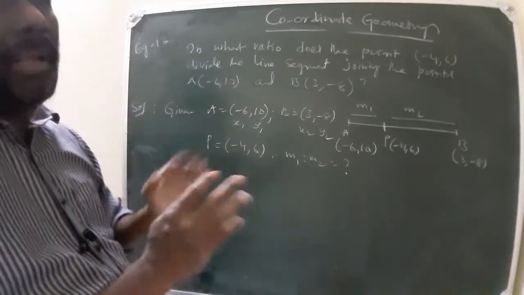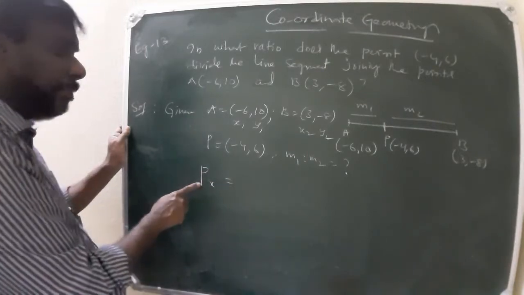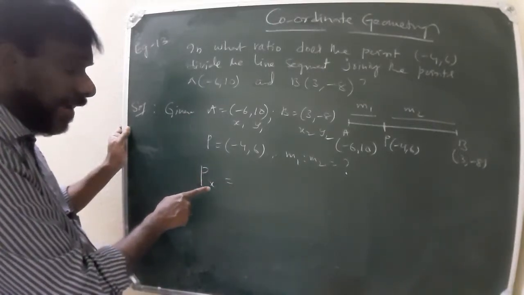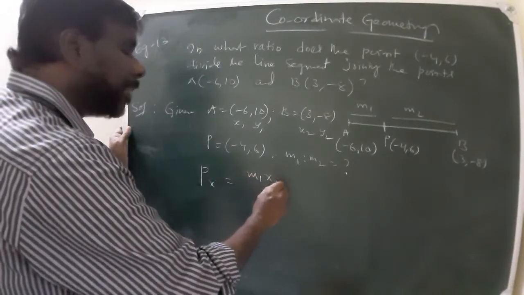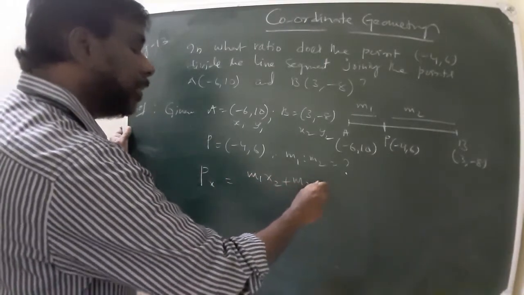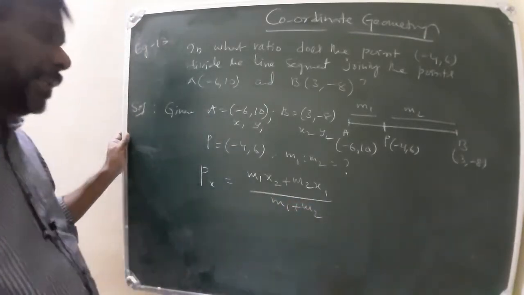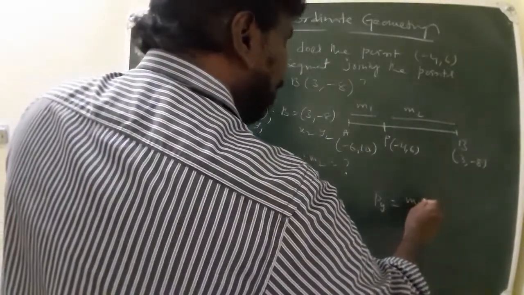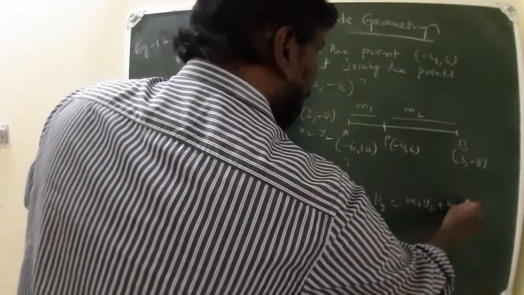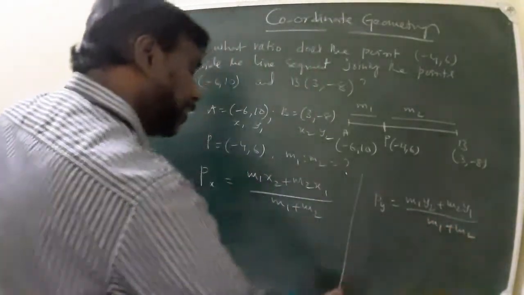So px = (m1 x2 + m2 x1)/(m1 + m2), or py = (m1 y2 + m2 y1)/(m1 + m2).